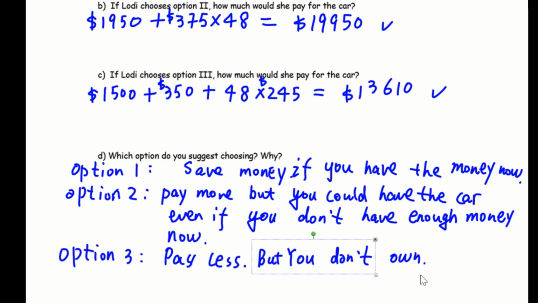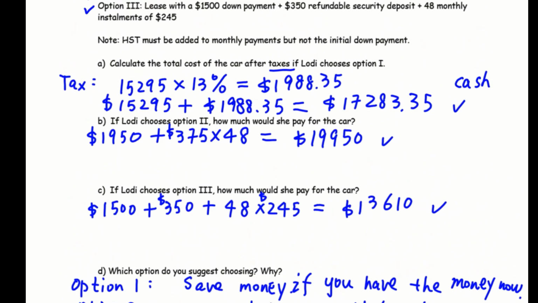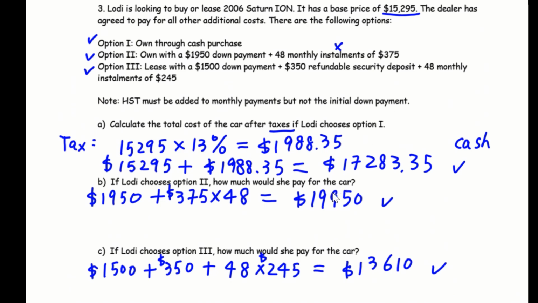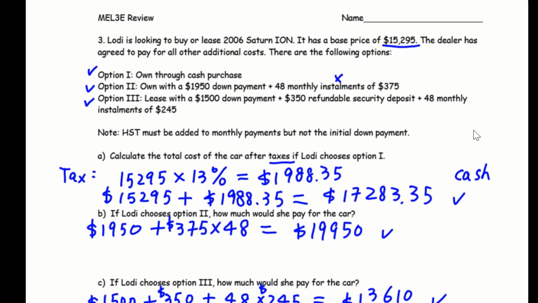So you need to see if it's worth it or not. So if you have money, then a cash payment will be the best. If you don't have the money now, but you want to have the car, the installment, where you pay it later over 48 months, will be a good choice too.